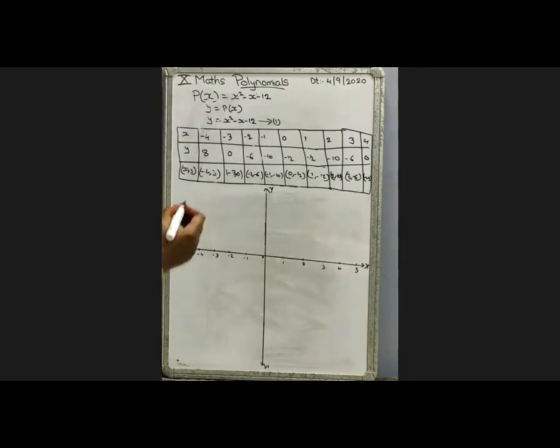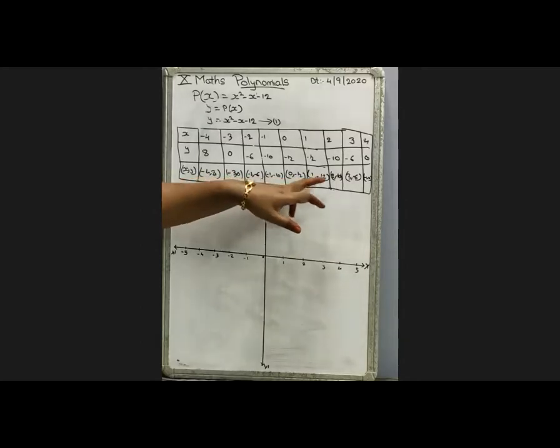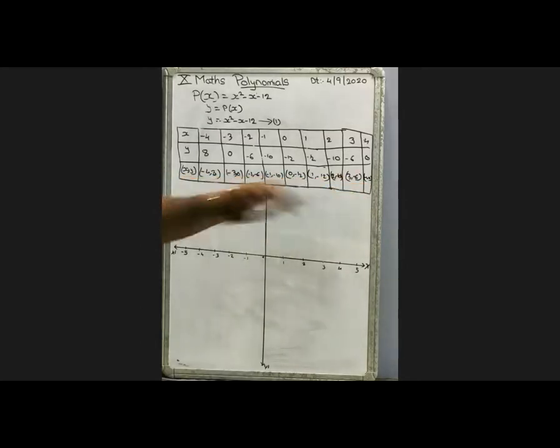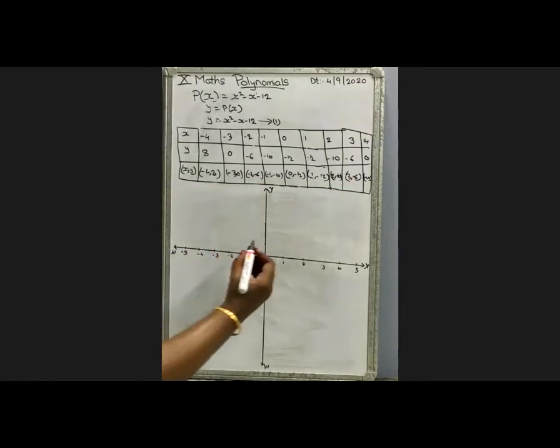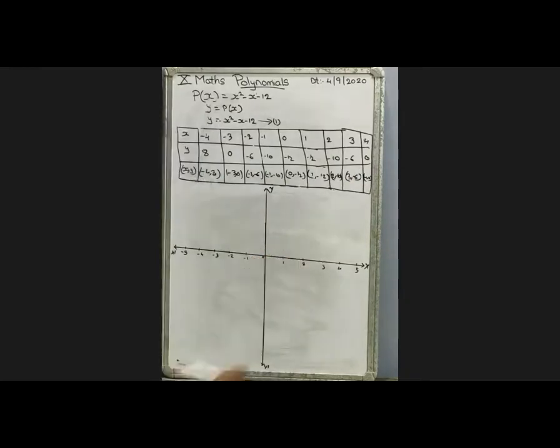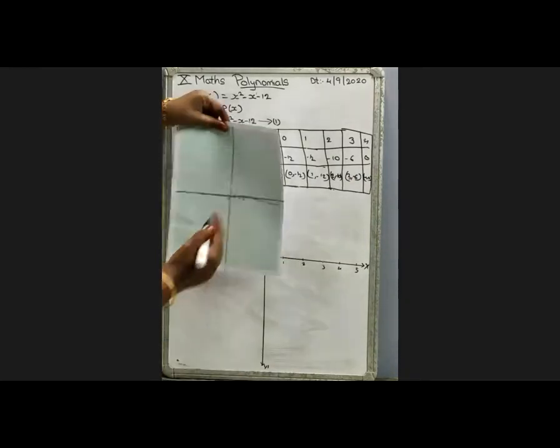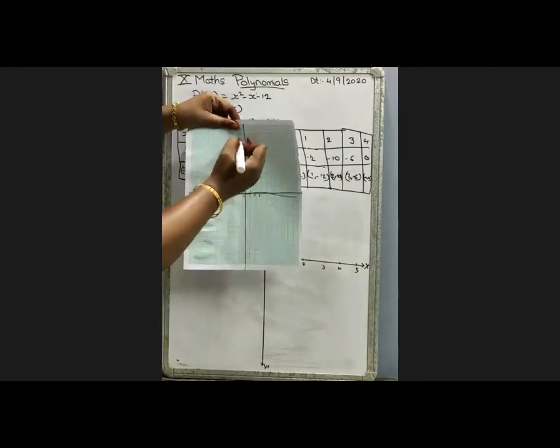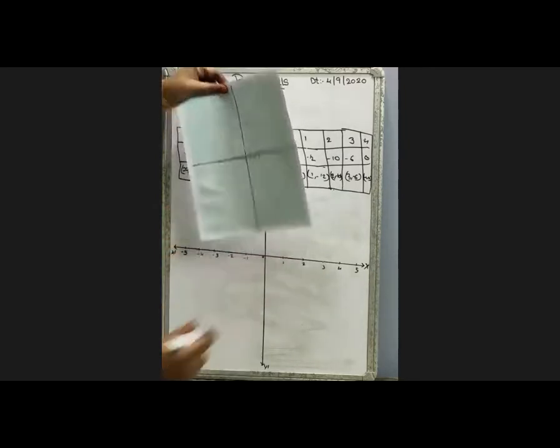After that, you can observe the values 8, 0, -6, -10, -12, -10, -6, 0. So we can take the values, that is, the y-axis values. If you take this graph, above 0 you have to take the positive values and below 0 you have to take the negative values.